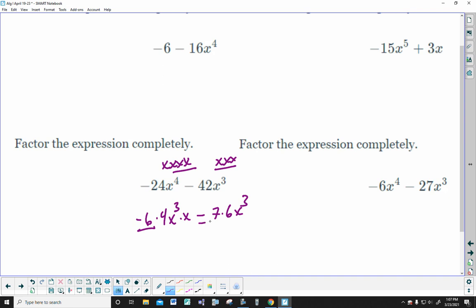So there's a -6 that's going to pull out, as well as an x cubed. You'd be left with a 4 and an x, a 7. Sorry, it's a plus because you pulled the negative out. So it's a plus 7.